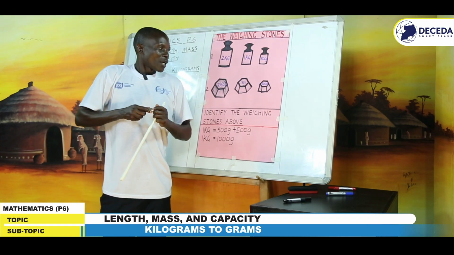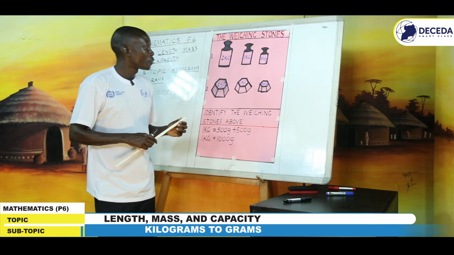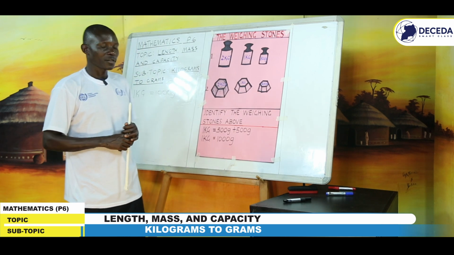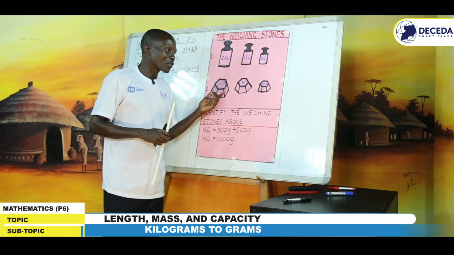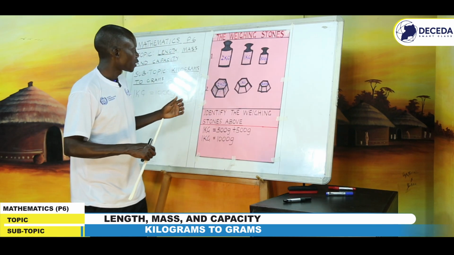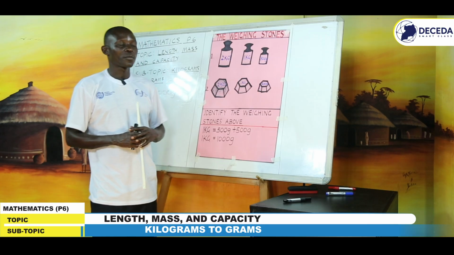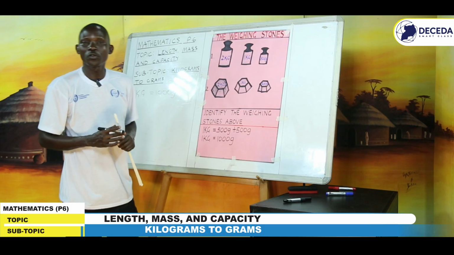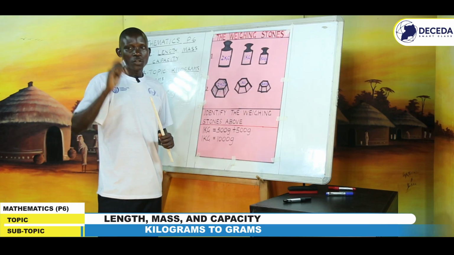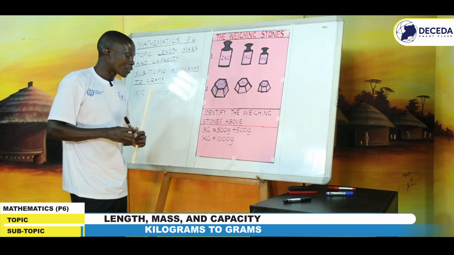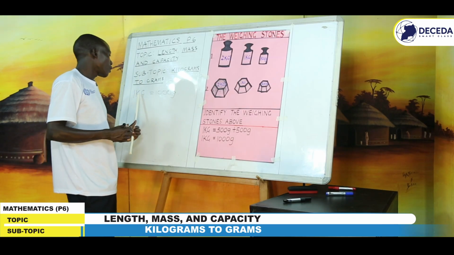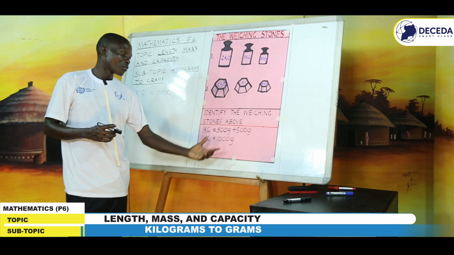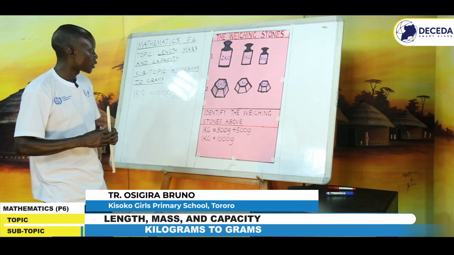Now, I want us, as we move, you may be asked to go and buy 2 kilograms of sugar, for example. You go to the shop, the shopkeeper does not have a big stone for 2 kilograms. What do you do? You come here and say, since 1 kilogram equals 1,000 grams, and we know we got them from 2 500 grams.